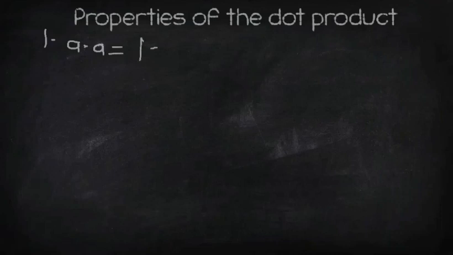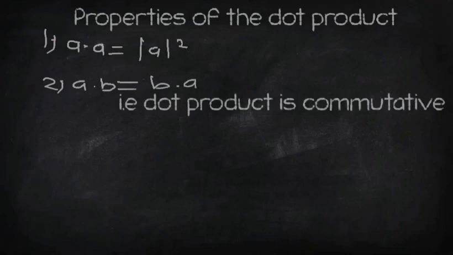Okay, let's look at the properties. So we are saying vector a dot a is equal to the absolute value of a squared. These are the properties, so you have to take note of them. This is the commutative property of dot product, that's a dot b is equal to b dot a.